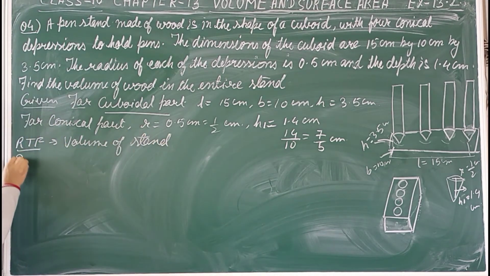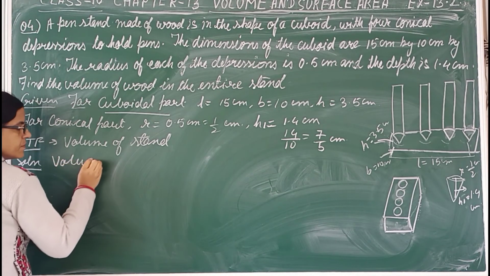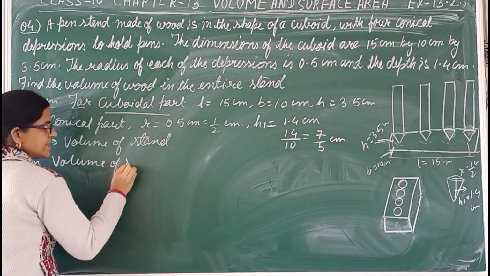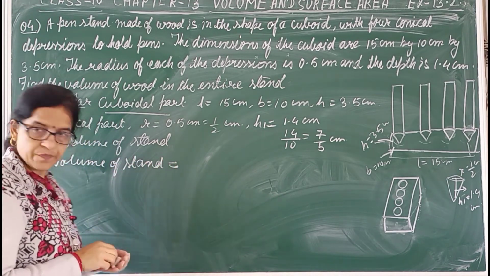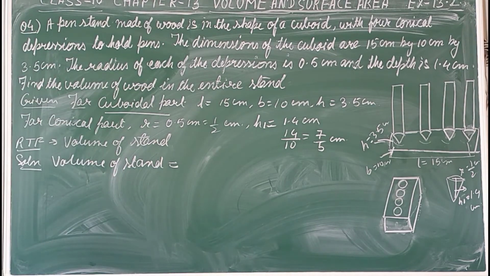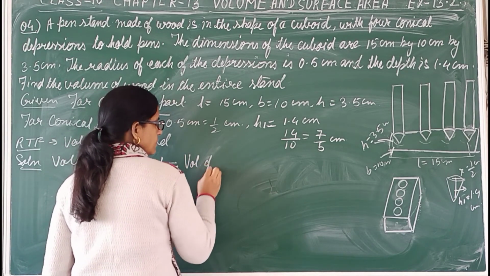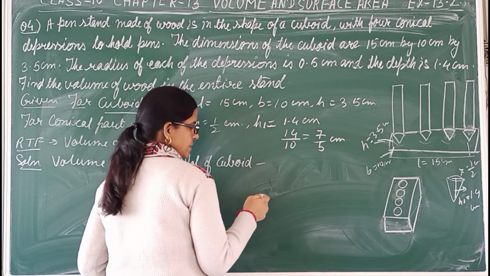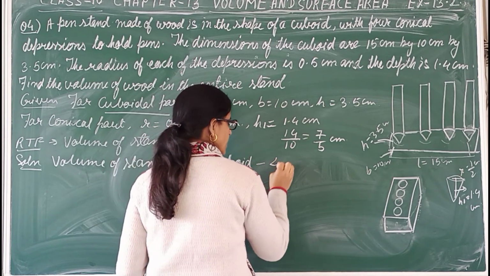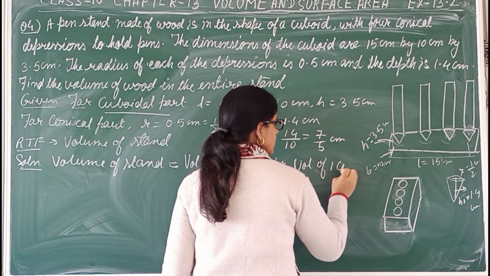Okay. In the solution part, volume of stand will be equals to volume of cuboid minus 4 into volume of 1 cone.